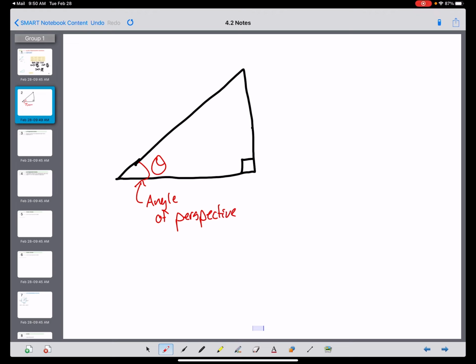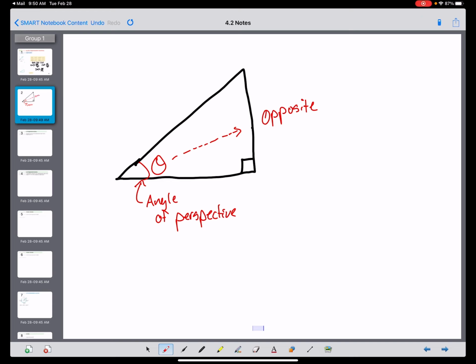The angle of perspective dictates what is considered to be your opposite side of your triangle and your adjacent side. The opposite side is directly across from the angle. This is the opposite side of the triangle.